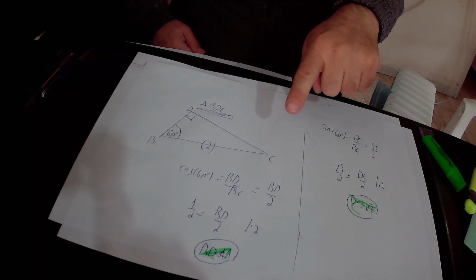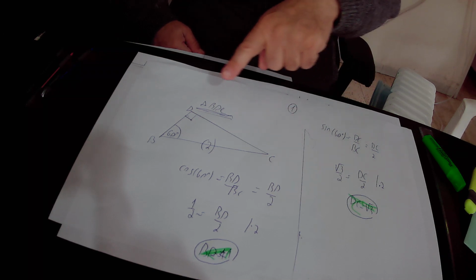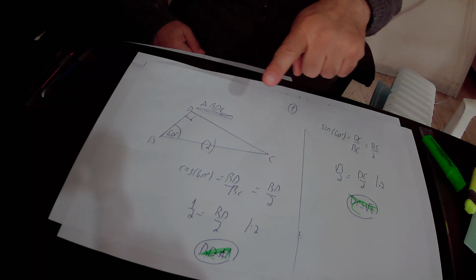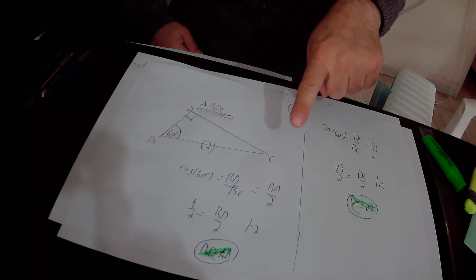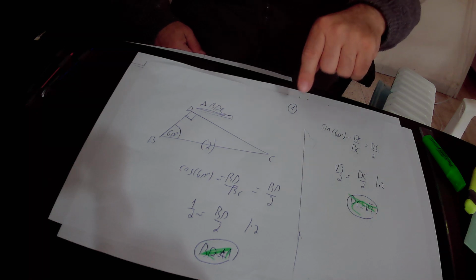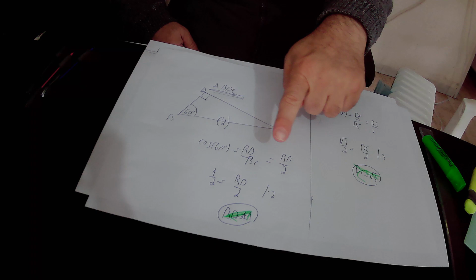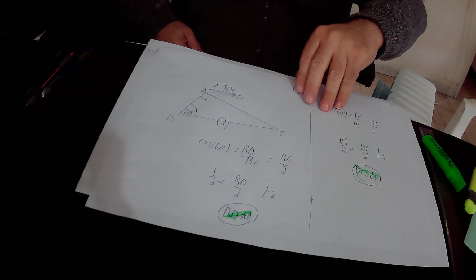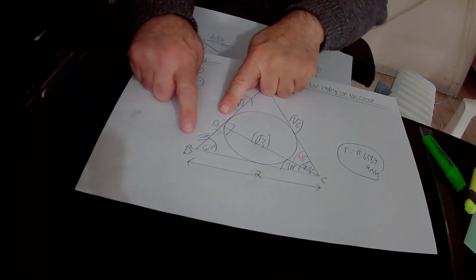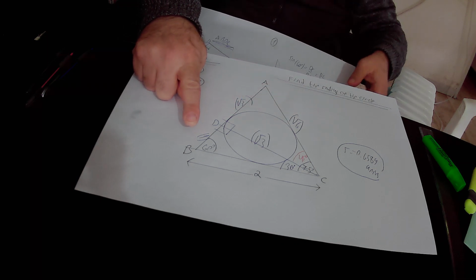So cosine 60 degrees equals DB over 2. Cosine 60 degrees is 1/2, so 1/2 equals BD over 2. We multiply this equation by 2, and finally find that BD equals 1 unit in length.